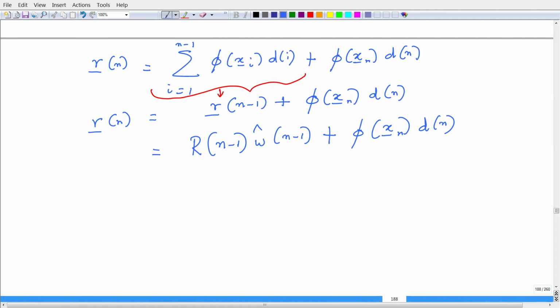through a recursion, right. So, let us expand R of n minus 1 further. So, we have R of n equals.